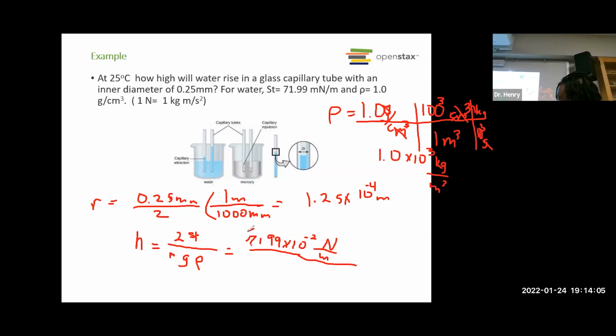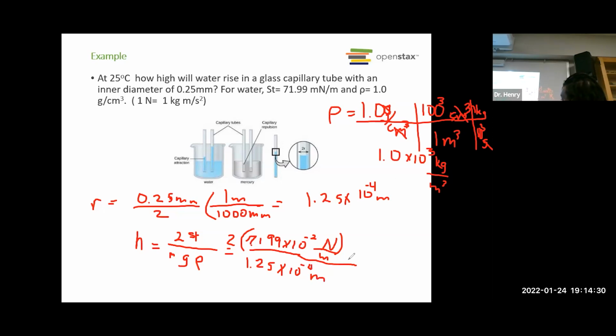We have to multiply that by 2, divide that by our radius, which is 1.25 times 10 to the minus 4 meters.